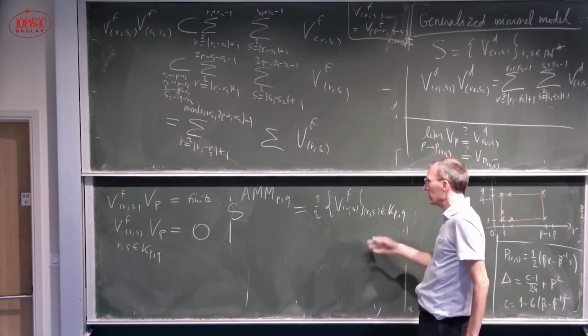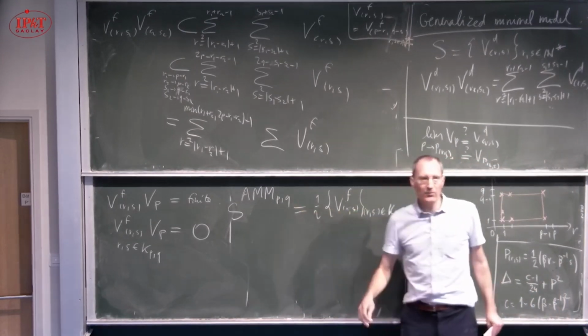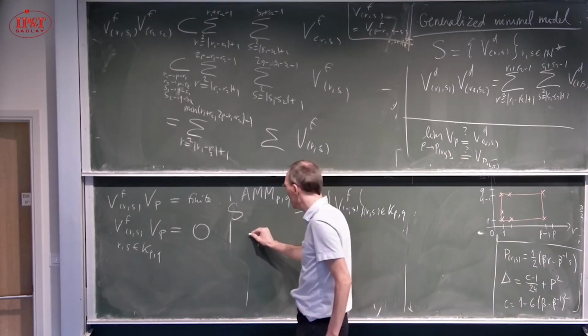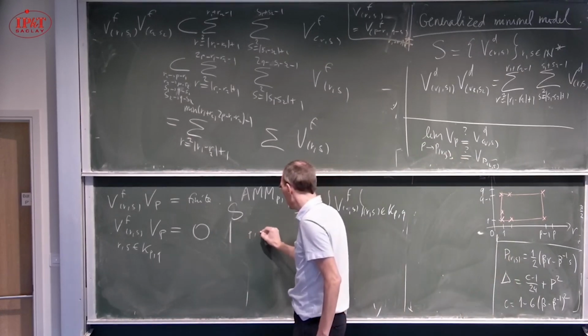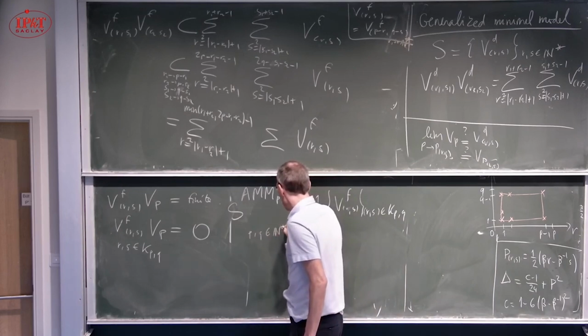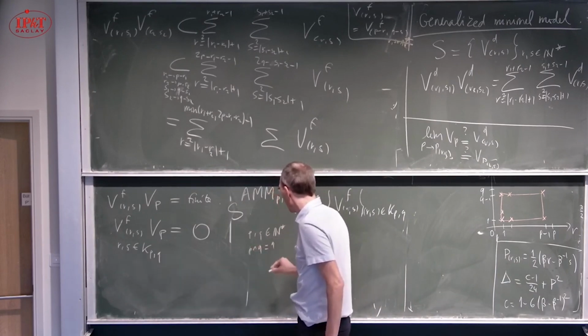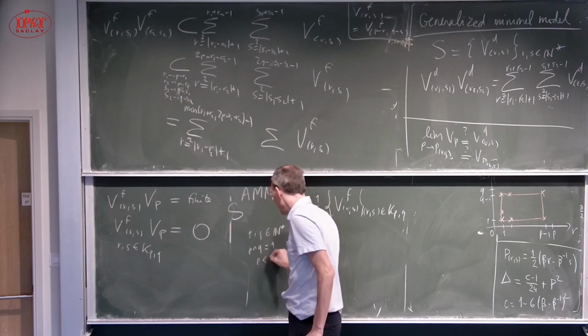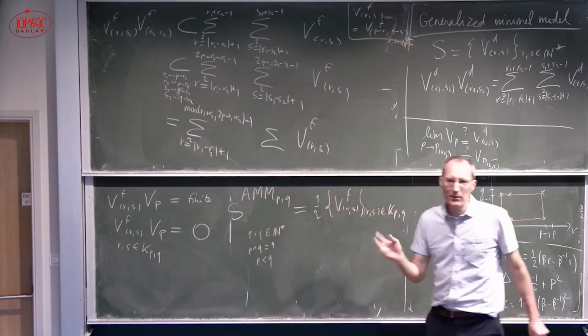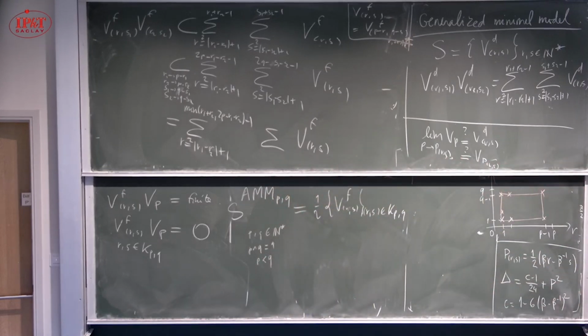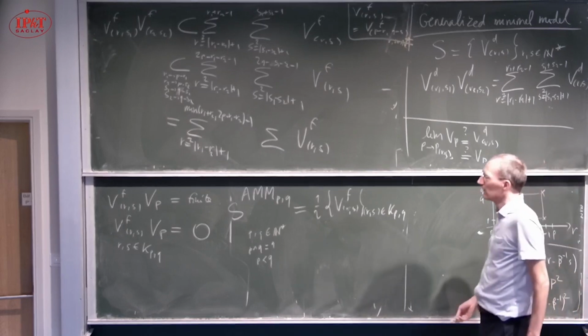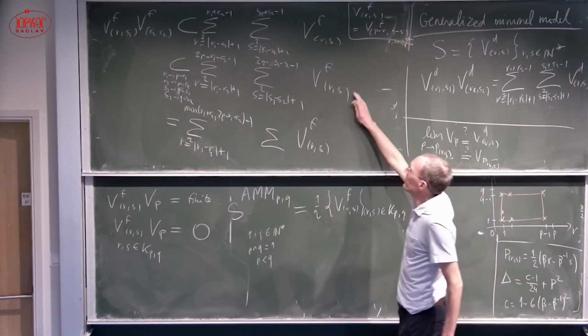And now I just have to specify which values of P and Q are allowed. Let me remind you, it was P and Q positive integers, P and Q coprime. And we can achieve P less than Q by symmetry between P and Q. So we know the spectrum and we know the fusion rules here.